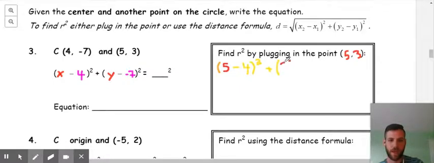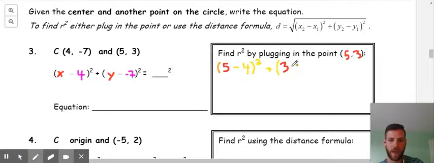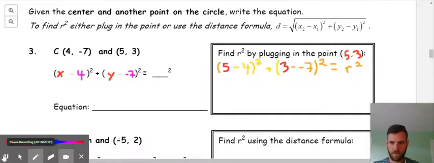So our 3 is going to be our y. And then subtract our -7 and square that. And this is all supposed to be equal to r squared. So we could basically put that whole left thing into our calculator exactly as it's written and figure out what r squared is supposed to be equal to.